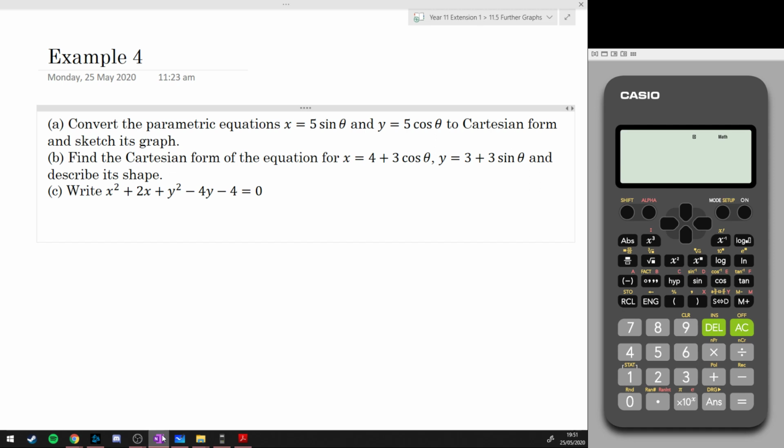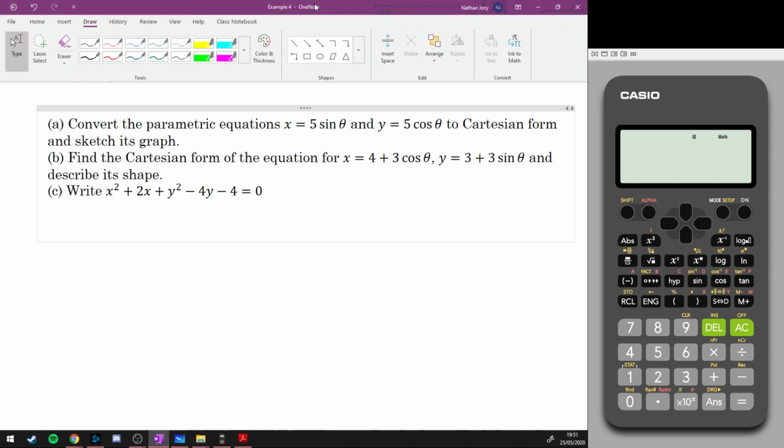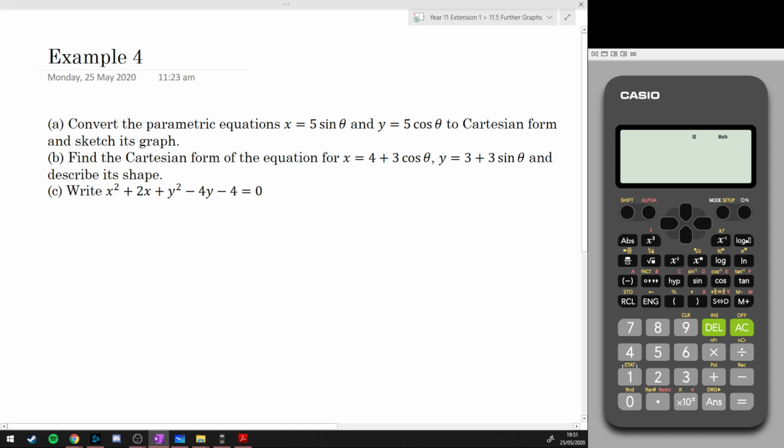So let's get the pen ready. Let's start off with our two equations. x is equal to 5 sine theta. And our second equation is y is equal to 5 cos theta.